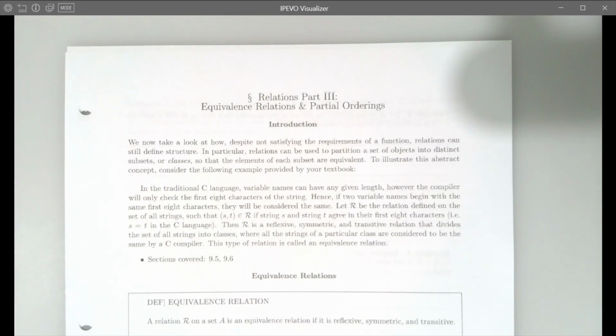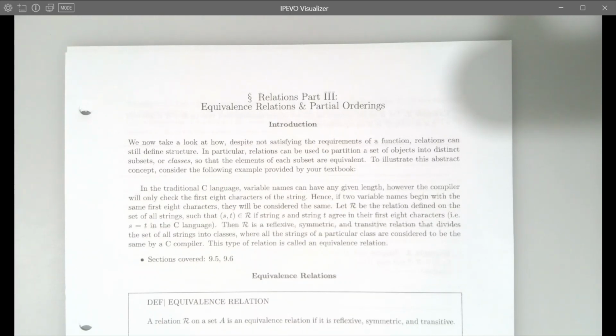In such a case, R is going to be reflexive, meaning every string will have the same first 8 characters as itself.